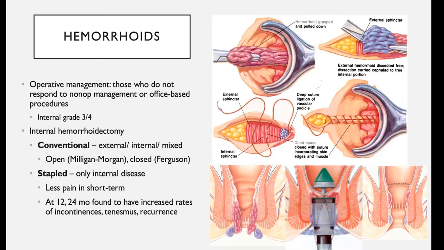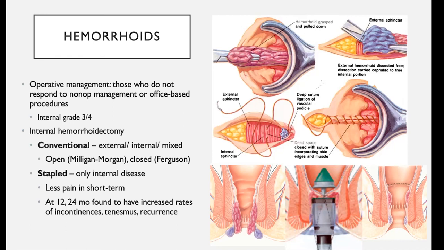There's a conventional type of hemorrhoidectomy, which I'm sure most of you have seen, which is surgical excision of the hemorrhoid tissue, usually with a knife, and ligation of the hemorrhoid bed, and then you close the wound. That's typically what's done here in the US, called a closed or Ferguson type hemorrhoidectomy.